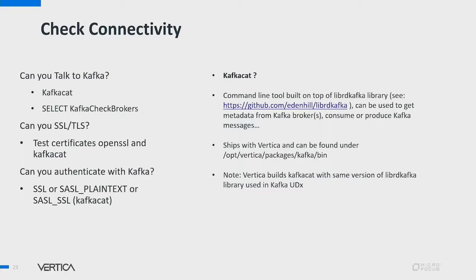If we want to use SSL or TLS with Vertica, then this is the time to check certificates, check OpenSSL, and we can also use the kafkacat utility for this purpose. And again, if you're using authentication as well, then we check if the parameters SASL plaintext or SASL SSL are configured correctly, and if they work as expected.